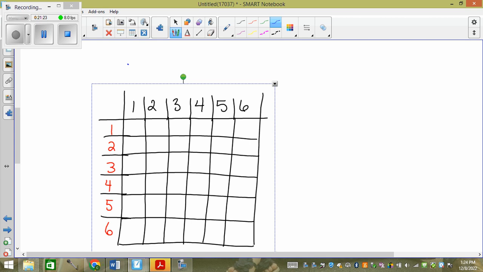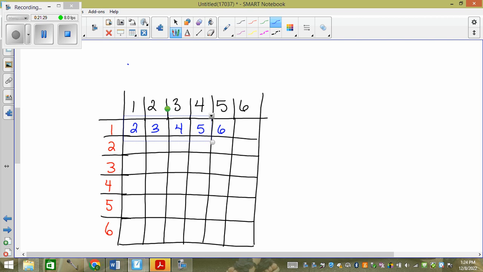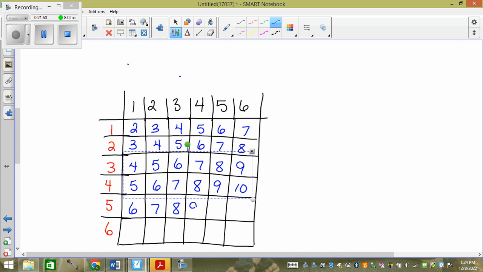This is going to be 1 and 1 is 2, 2 and 1 is 3, 3 and 1 is 4, so then 5, 6, 7. 2 and 1 is 3, 2 and 2 is 4, 5, 6, 7, 8. 3 and 1 is 4, 3 and 2 is 5, 6, 7, 8, 9. 4 and 1 is 5, 4 and 2 is 6, 7, 8, 9, 10. 5 and 1 is 6, 7, 8, 9, 10, 11, and 7, 8, 10, 11, 12. So actually setting the array up is the time-consuming part. Filling it in really isn't.